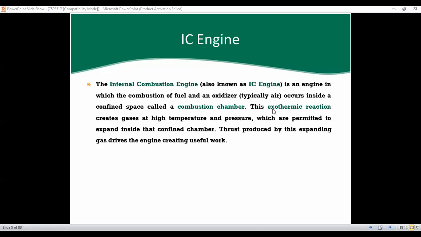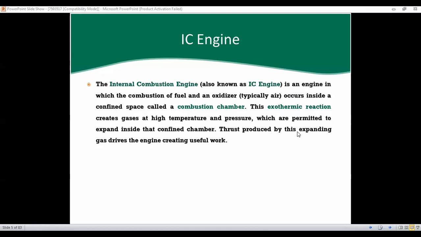The exothermic reaction creates gases at high temperature and pressure, which are permitted to expand in the combustion chamber.